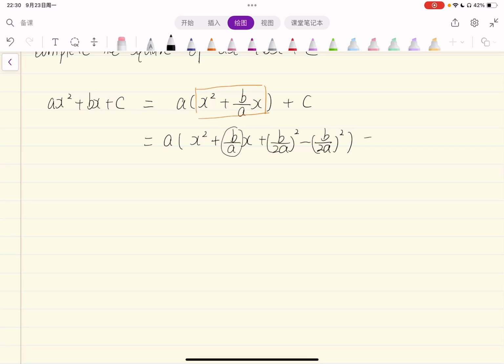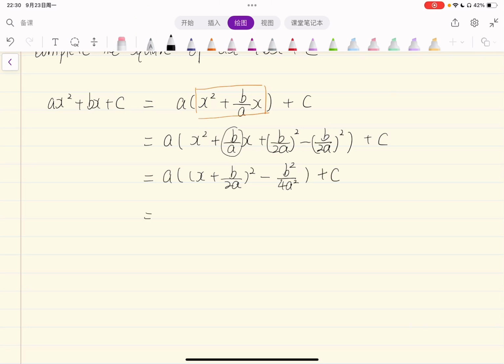Then we write a times the bracket x plus b over 2a, squared, minus b squared over 4a squared, bracket, plus c.